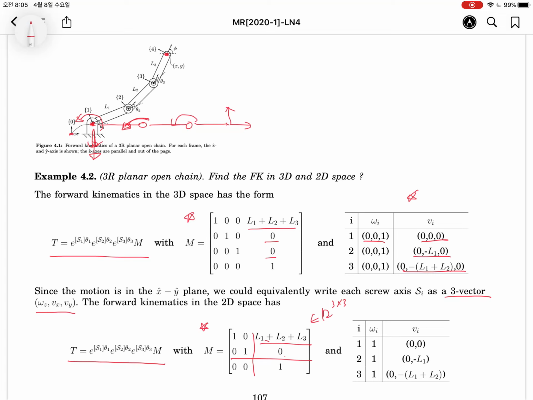In here, the screw axis direction will be denoted by omega, and omega z appears as 1 in this robot system. For Vi, the linear component, the first one is 0, and then minus L1 plus L2 will appear to describe the rest.